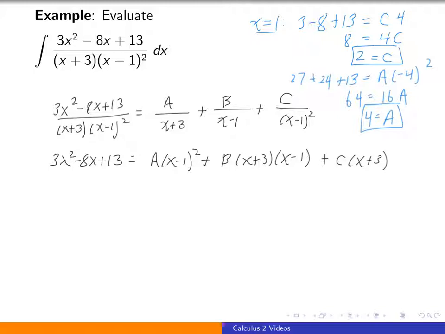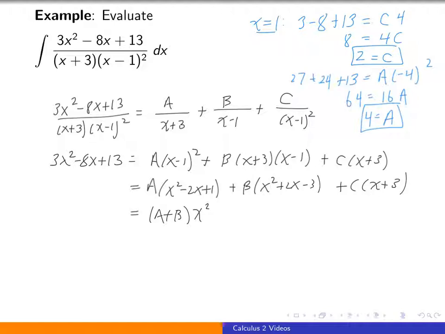So expanding out on the right, we have A multiplied by x squared minus 2x plus 1 plus B times x squared plus 2x minus 3 plus C times x plus 3. And then we can group together all of the corresponding terms. That is, I have one x squared term and a second x squared term. So in terms of the x squareds, we have A plus B.